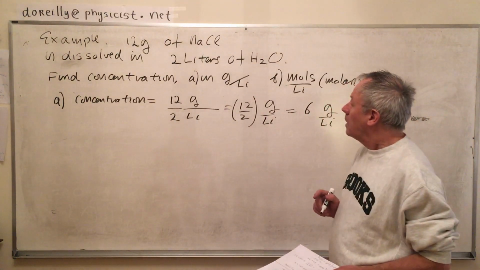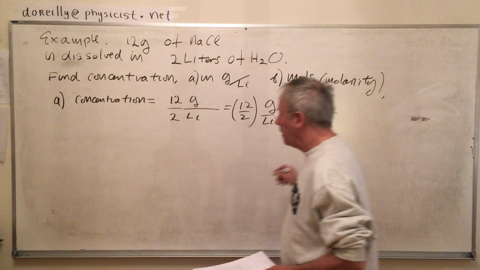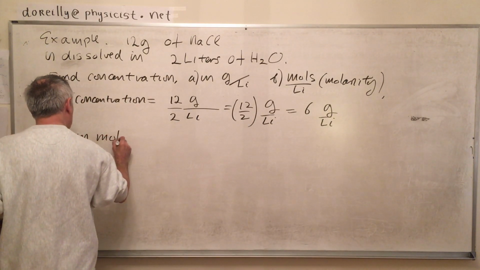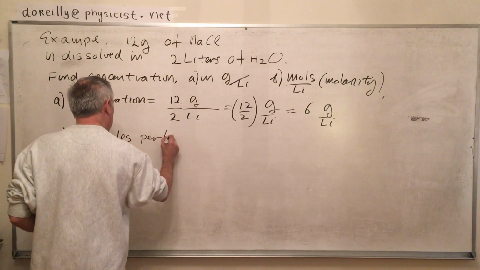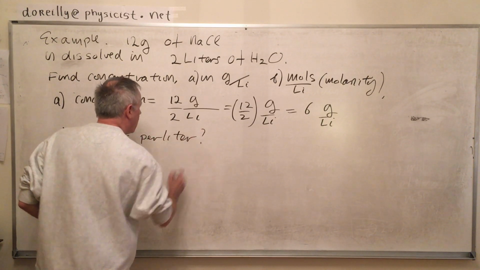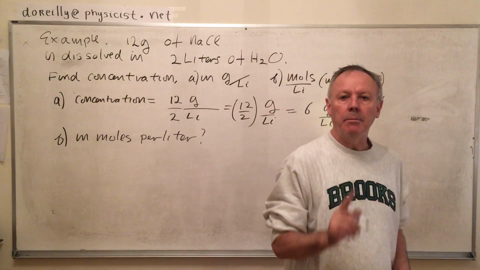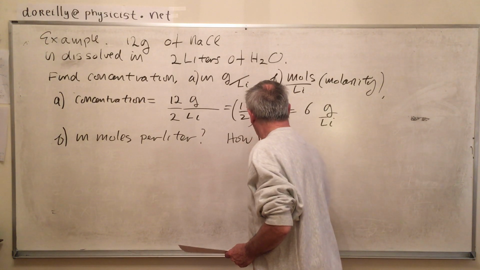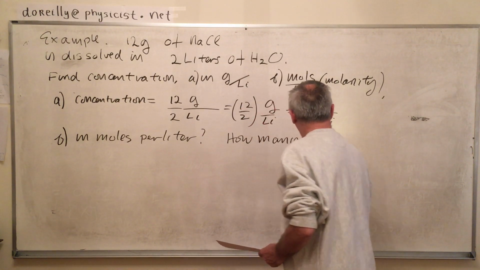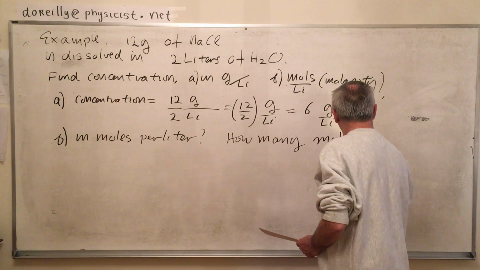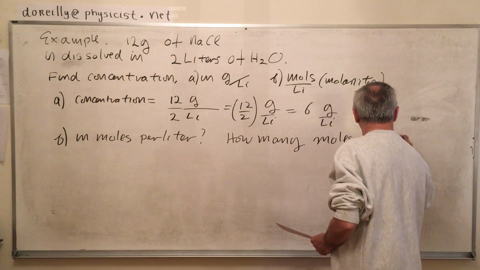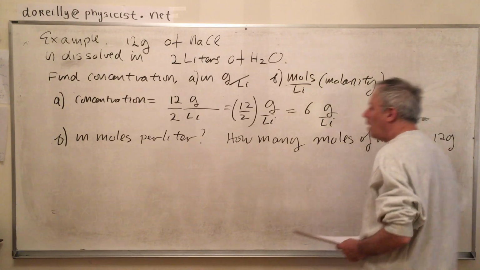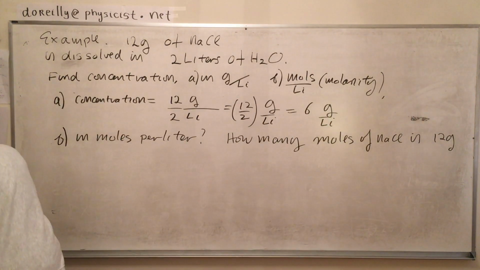That's the concentration in grams per litre. For moles per litre, we need to know how many moles we have. So how many moles of NaCl in 12 grams?